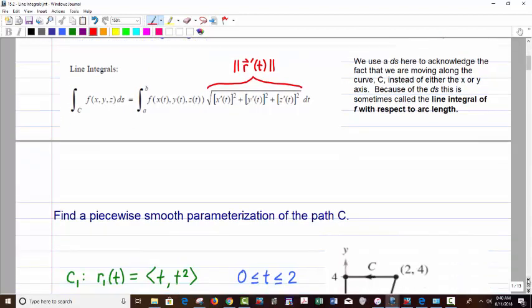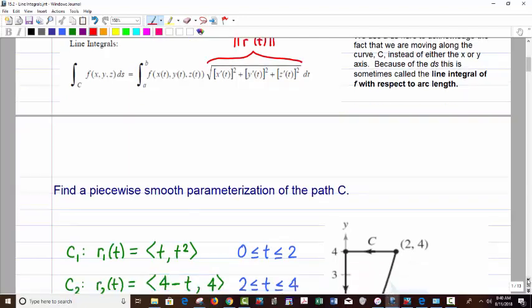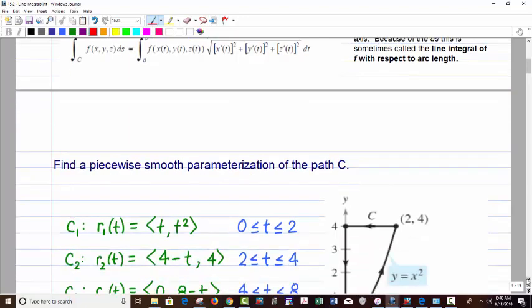And so let's give this a whirl in this particular form. Now, before we do that, though, I want to show you, a lot of times the problem will be given the parameterization, but just so we can learn how to do this, and this is just one particular example, if you had to create a parameterization.